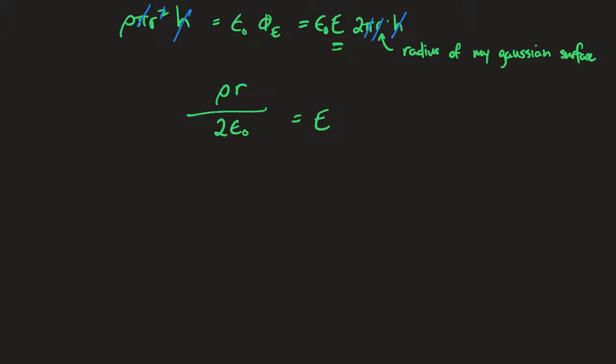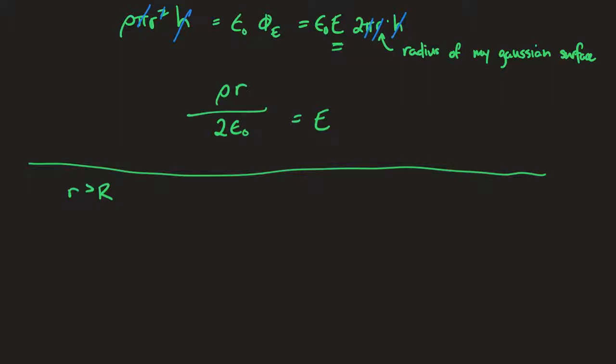Now, when I said we get to reuse stuff, I really do mean that. So I want to consider the case where R is greater than the radius. I don't think we have any other work to do.